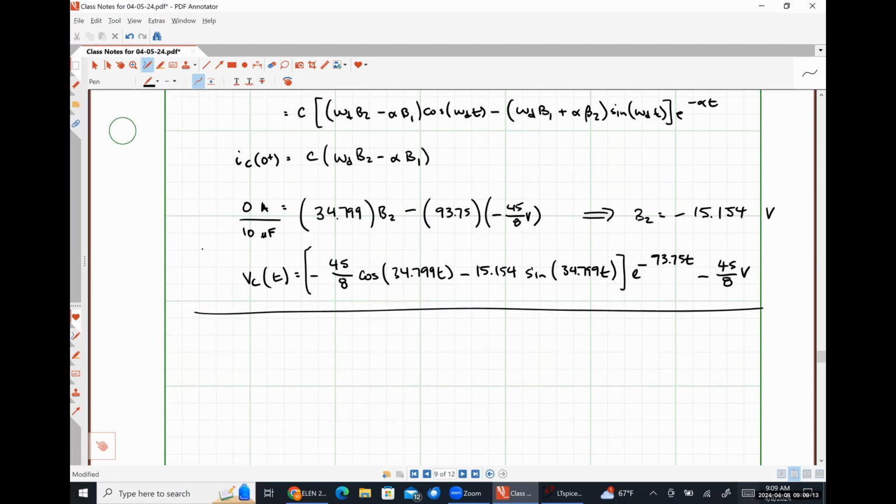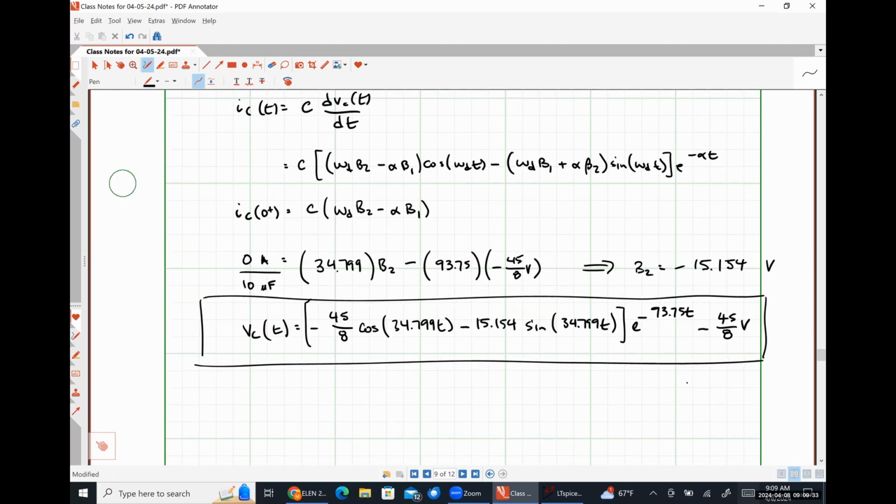We'll verify this with LTspice probably at the beginning of our next class meeting. We've only got 5 minutes left. So how are we going to solve for the voltage drop across our inductor? Oh, because I wasn't paying attention, it should be positive 45/8, right?